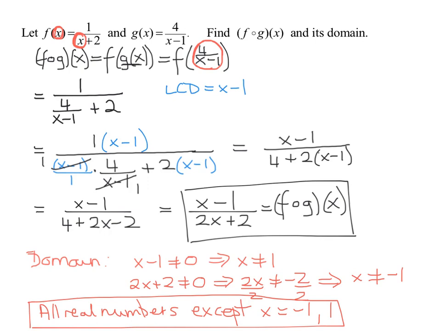So when you're finding the domain, remember that if you have two rational functions, you're going to have an issue that you can see in the unsimplified form and an issue you can see in the simplified form. If you just look at the simplified form, you won't see this issue of x not being able to equal positive 1.